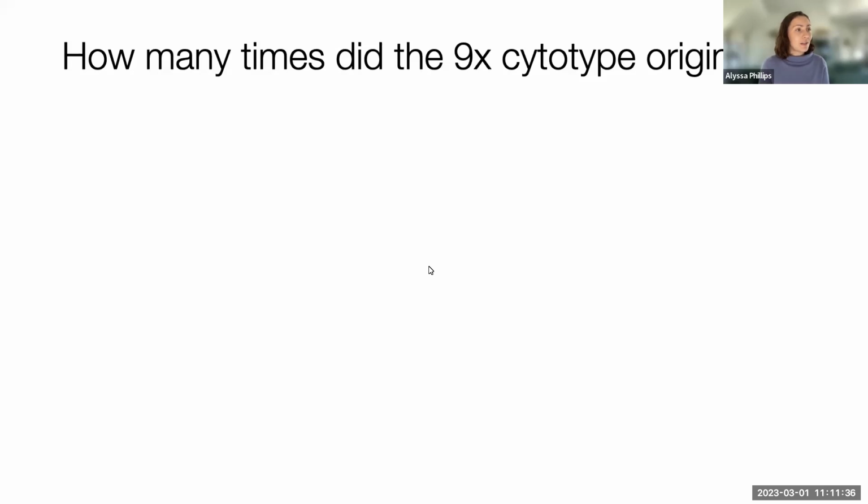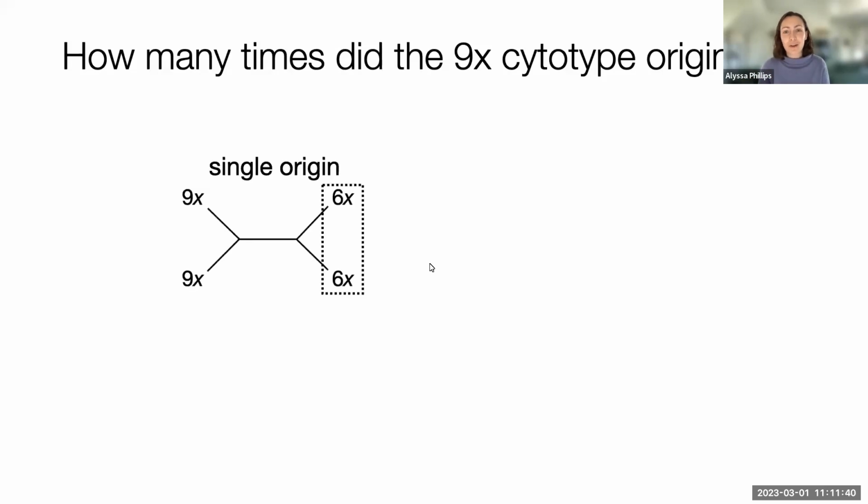To answer this question, there are two possible answers. One is that there's a single origin of the 9X cytotype. If we think about what genetic diversity would look like, then you would have genetic groups that are composed of a single cytotype. So on an unrooted tree, we would have groups composed of one ploidy level.